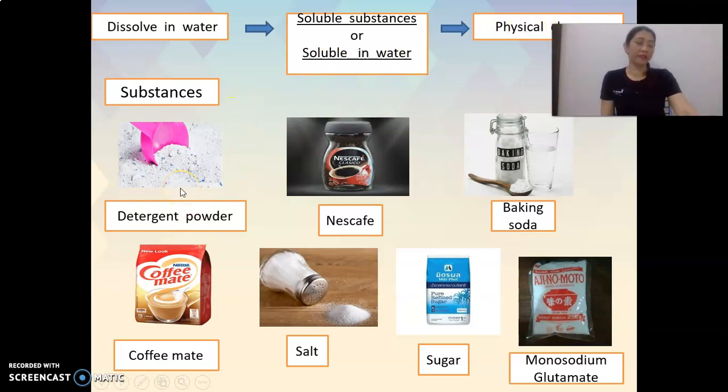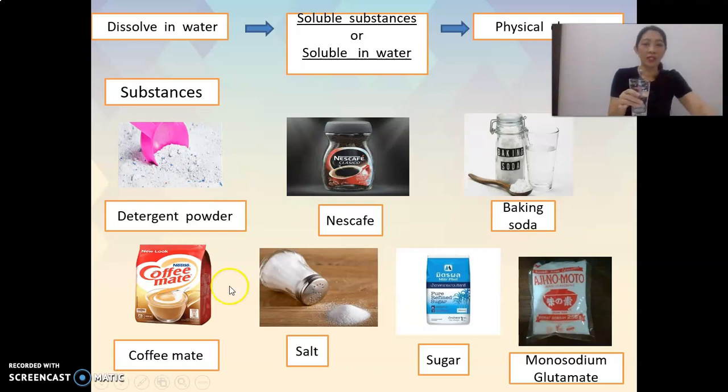So, the first is when the detergent powder is added into water and stir, this is dissolved in water and soluble in water. So number 2 is Nescafe.